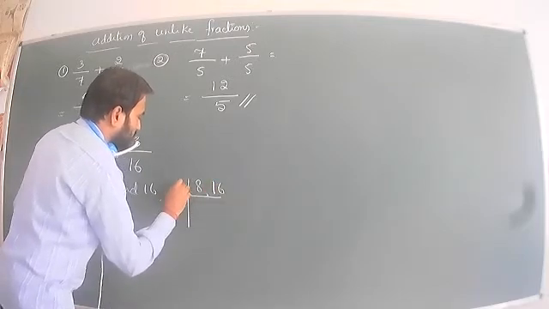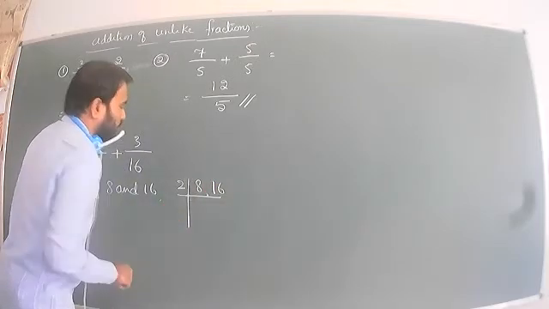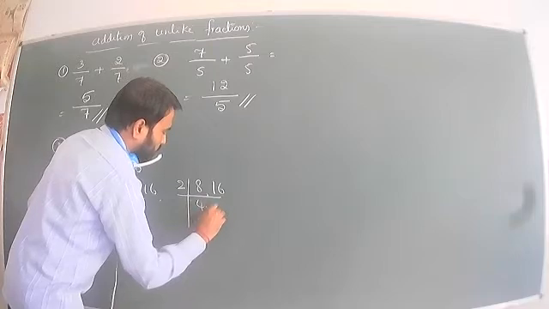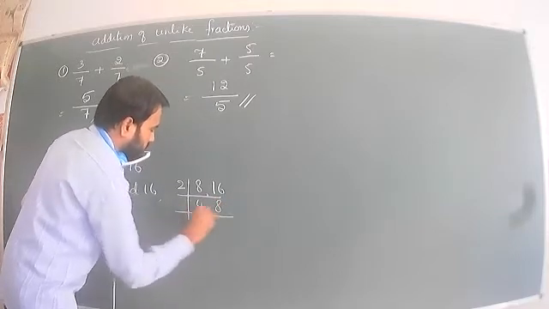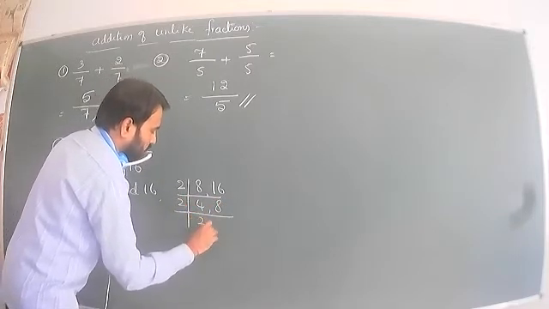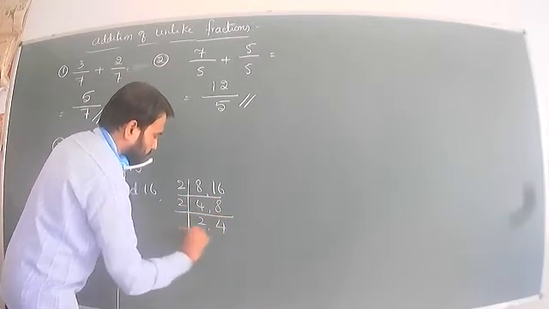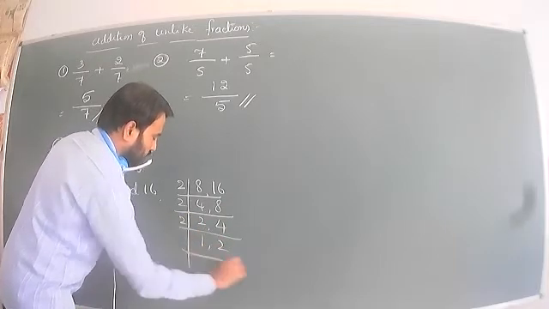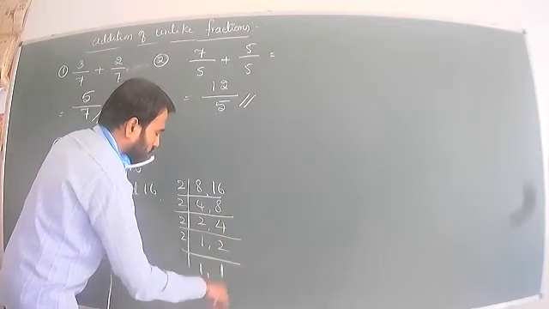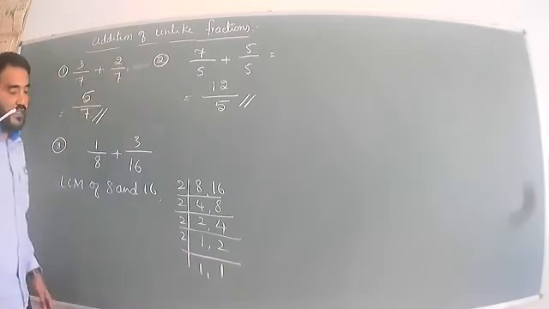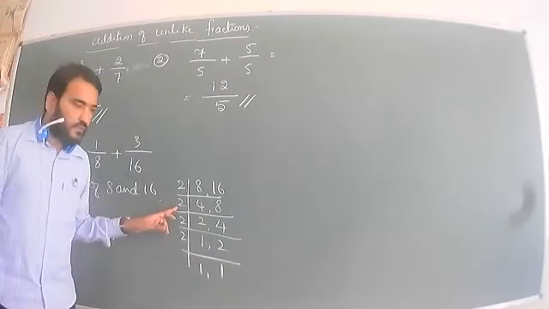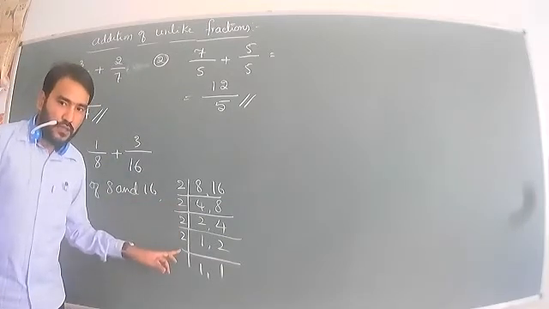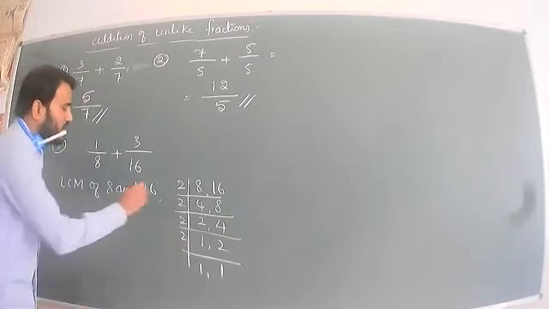Take 2, 2 into 8 is 4, again 2 into 4 is 2, 2 into 2 is 1, and 2 ones are 2. Now find the LCM: 2 times 2 is 4, 4 times 2 is 8, 8 times 2 is 16. That LCM is 16.